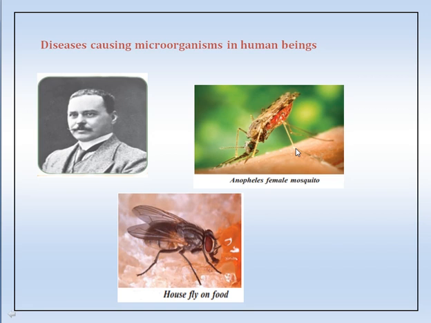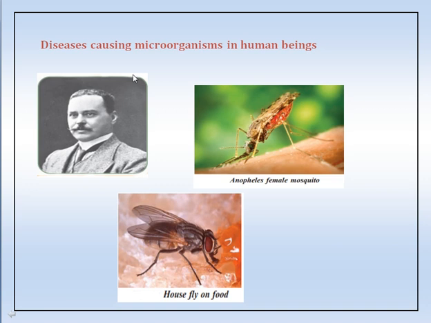Who is Dr. Ronald Ross? Dr. Ronald Ross discovered that the female Anopheles mosquito is the carrier of the causative microorganism, the parasite for malaria. Anopheles female mosquitoes are called vectors for malaria.